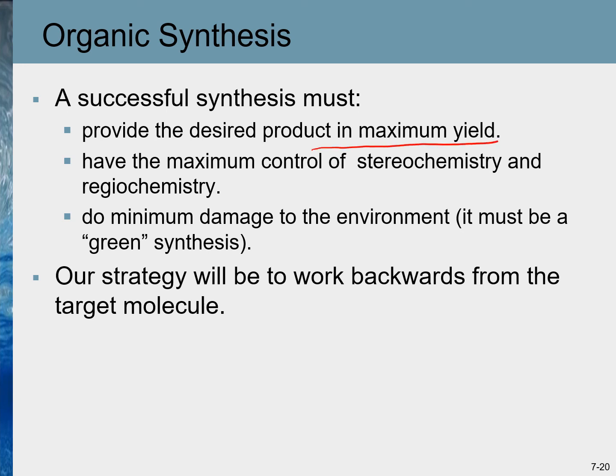Yield is important, and we should have maximum control of stereoselectivity and regiochemistry, because many times only one of the stereoisomers is the desired product. So therefore we want control of stereochemistry. We would want to make only a single stereoisomer. We don't want to make a mixture.